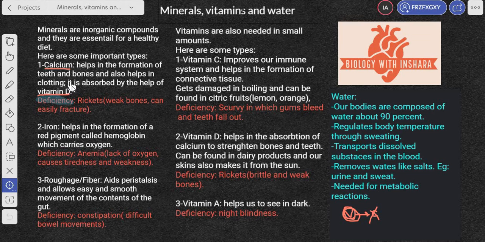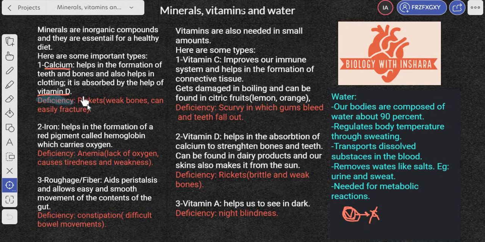Like if you have a calcium deficiency, you're not getting enough calcium, and how much to get of a particular nutrient depends on your gender, your weight, your lifestyle, your location and all that. That is totally different, but just know that those are some of the factors that determine how much of a mineral or vitamin you should be having.